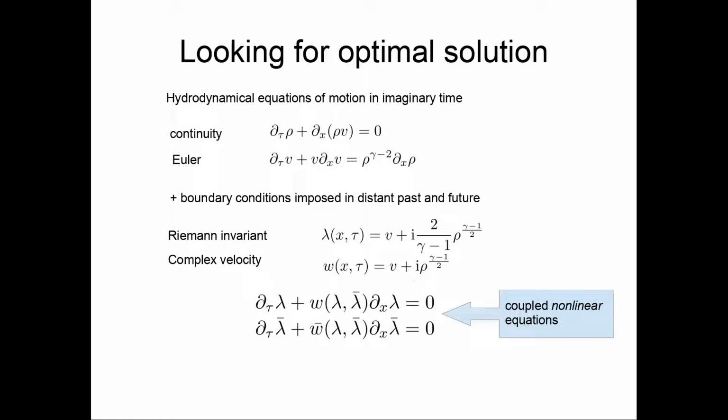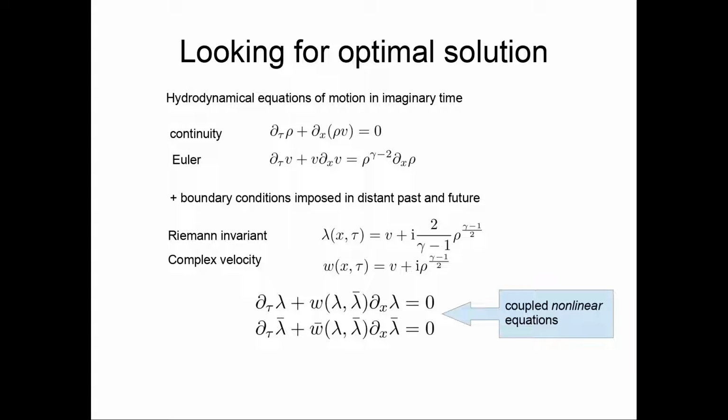So we now have to find the optimal solutions. The equations of motion, which come from this action, are standard hydrodynamical equations of motion. The first one is a continuity equation. The second one is the imaginary time version of the Euler equation for the velocity, and gamma sits here.